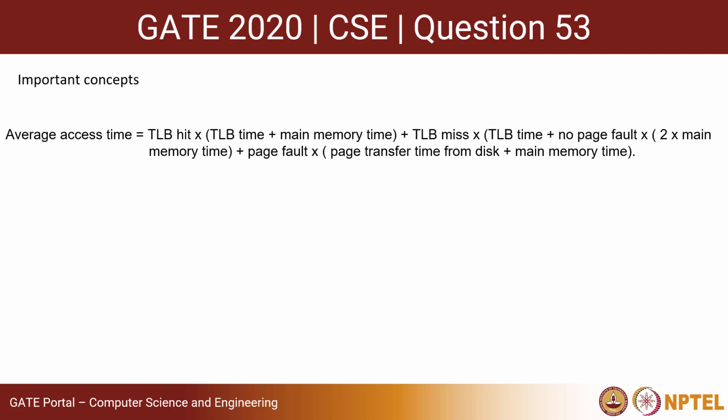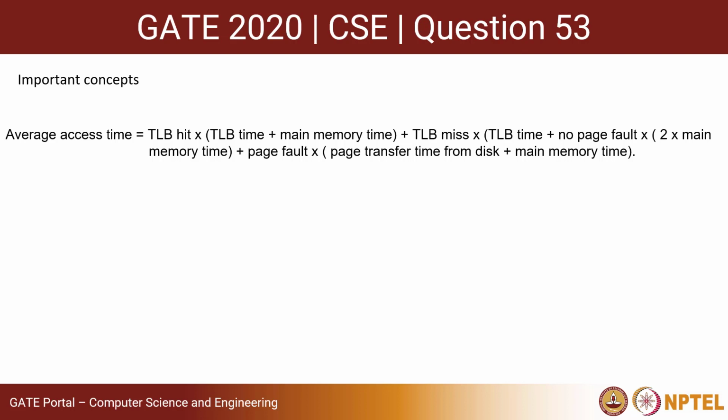So in total it will take twice the main memory time. However, the translation lookaside buffer keeps the most referred page numbers in it, so that the searching time in the page table can be reduced. That's the purpose of TLB.